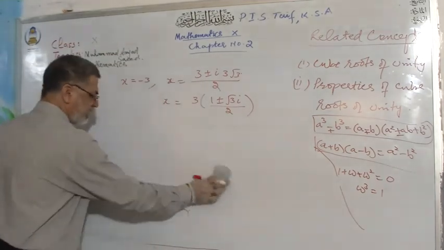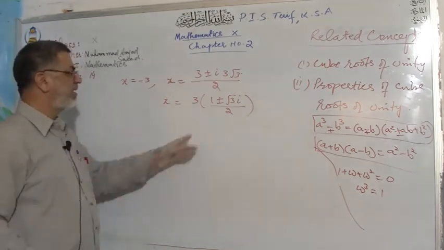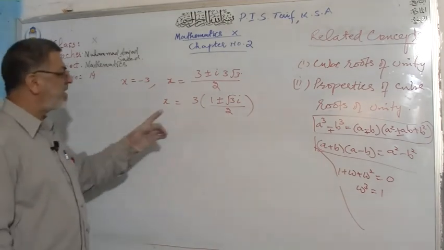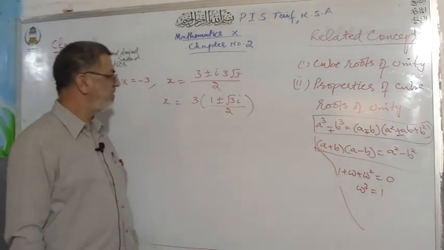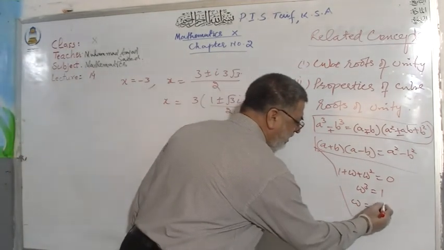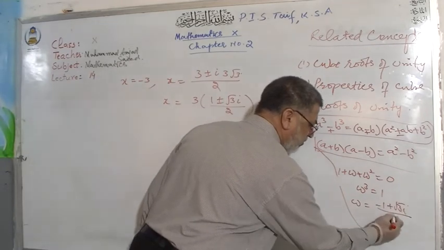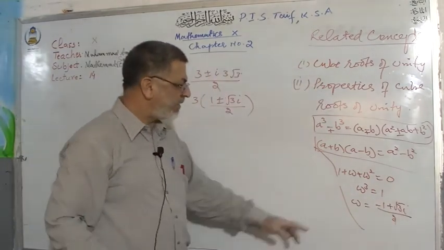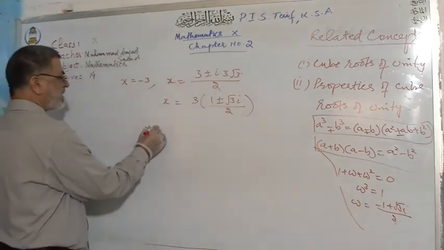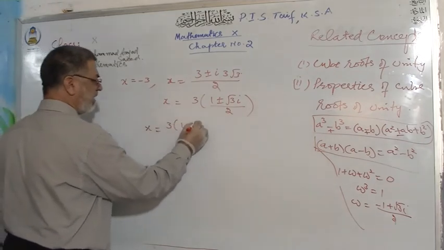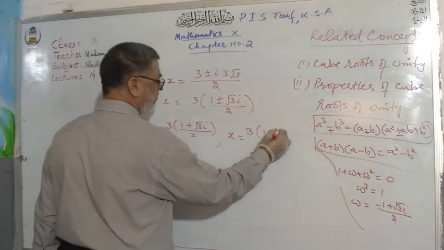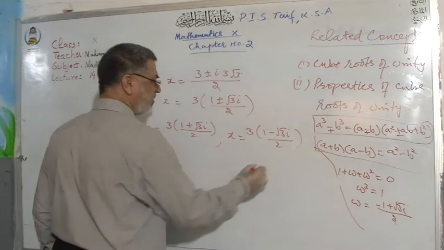Now, what will you say? The term which is inside is not omega or omega square, remember that. A little change. We had omega equal to minus 1 plus under root 3 iota over 2. There was a negative sign here, and we don't have it. So x is equal to 3 into 1 plus under root 3 iota over 2, and x is equal to 3 into 1 minus under root 3 iota over 2.